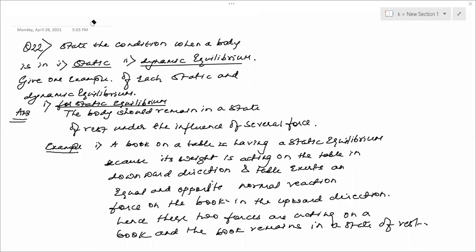Okay, you can see here, children, I'll write it here.